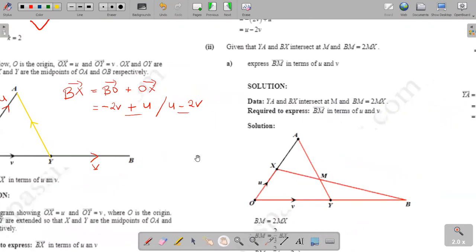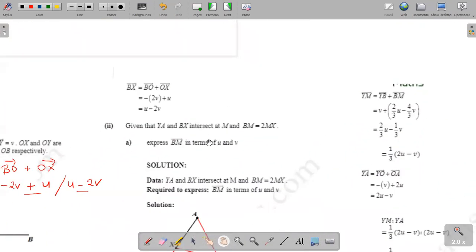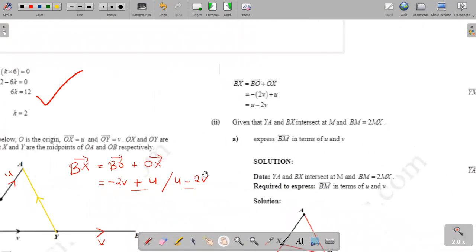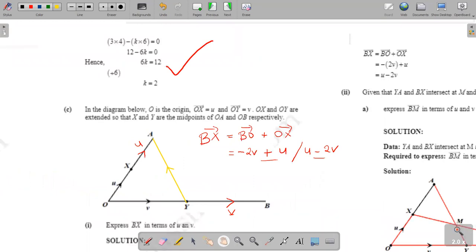And what was the other one they said? BX. BX intersect at M. So connect BX. This arrow this way. And they say they intersect at M. So you have to label here and put your M, because intersect means where they cross each other.